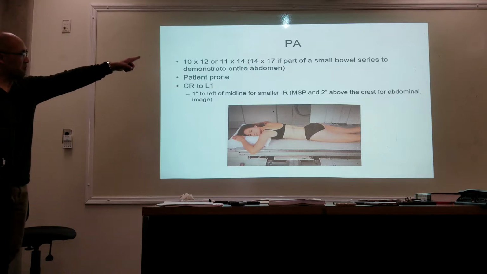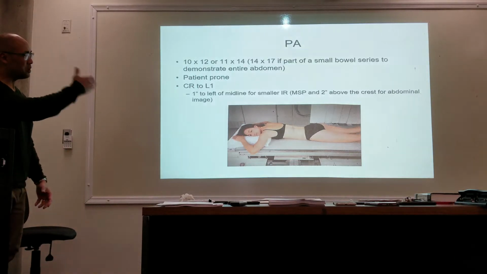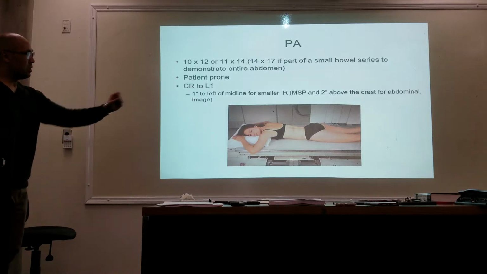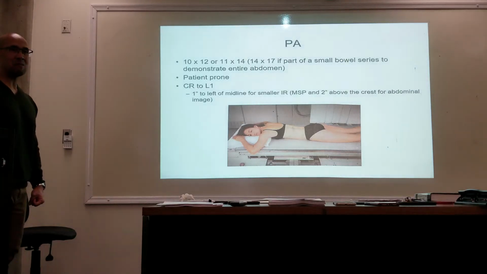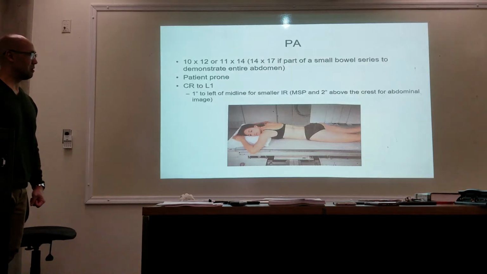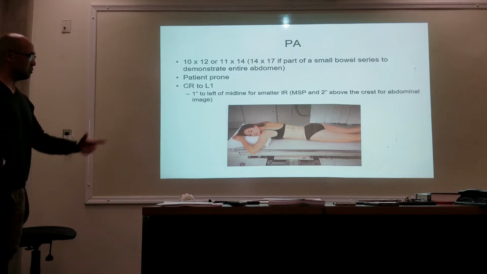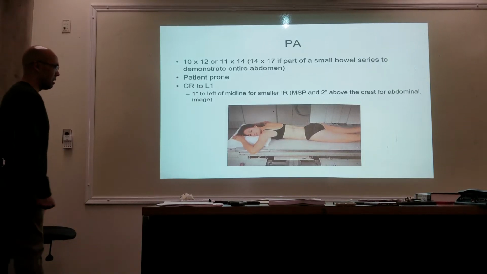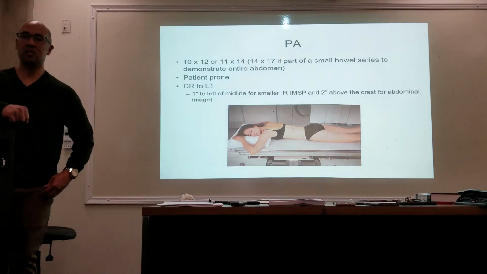And if it's a 14 by 17, a larger film, you're going to set it 2 inches above the crest, and mid-sagittal plane. And that's what this patient is positioned for right now. She's positioned for a large image, 14 by 17, 2 inches above the crest.